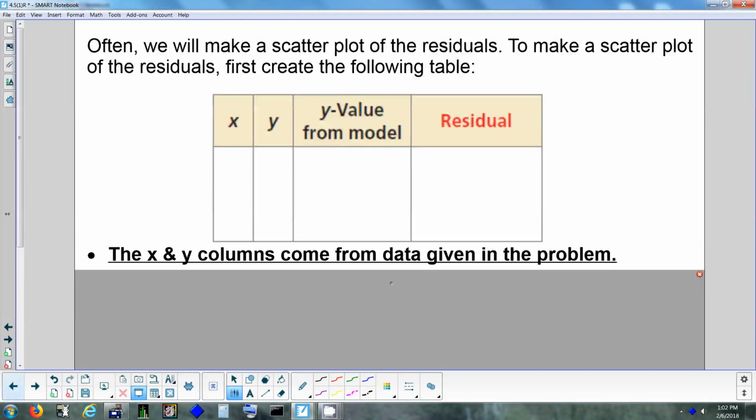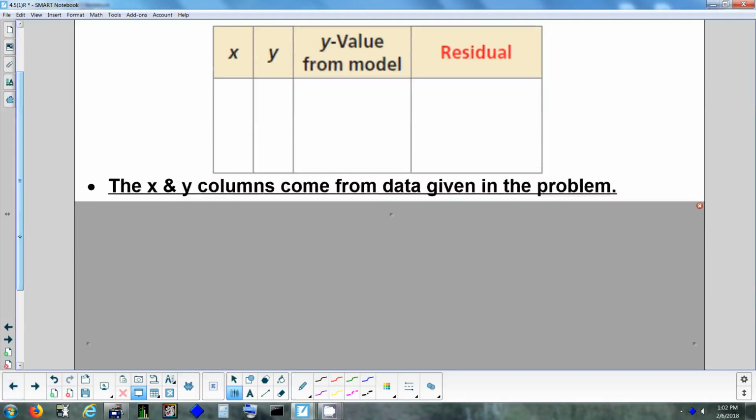Okay, so you have some bullets under your table. First thing you want to fill in, under the first bullet: the X and Y columns come from the data in the problem. So where do the X and Y columns come from? They're going to give you data in the problem. What do you mean you're going to give us data?